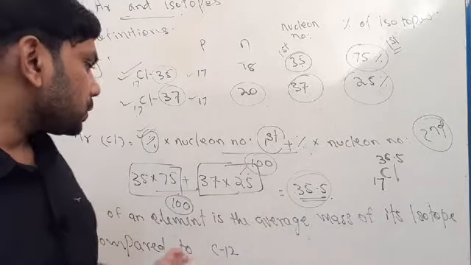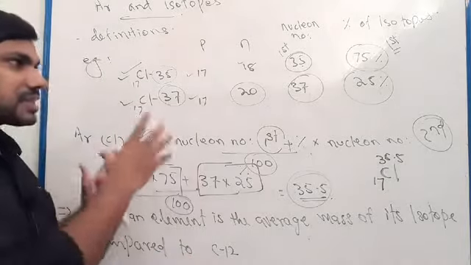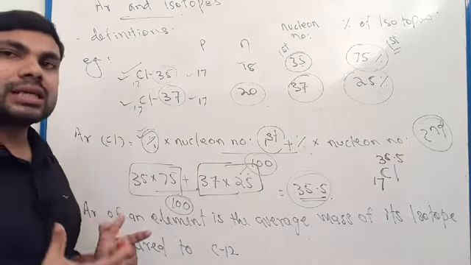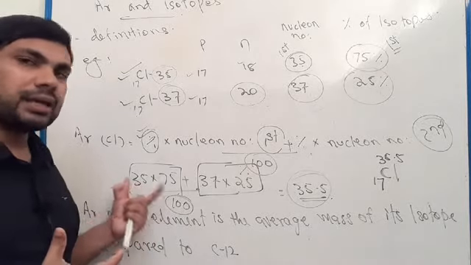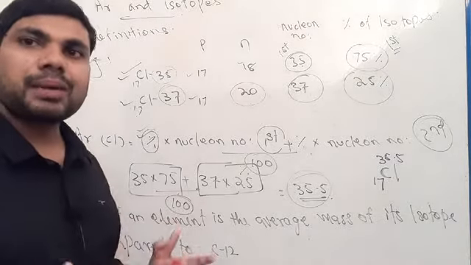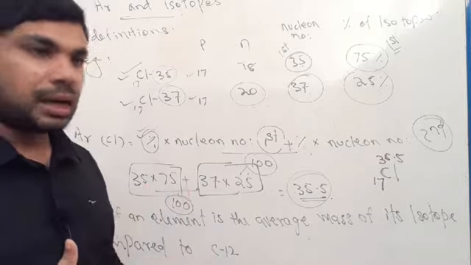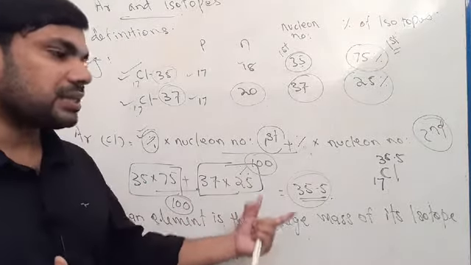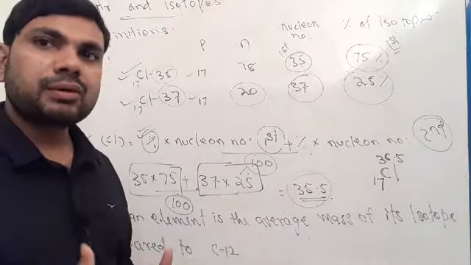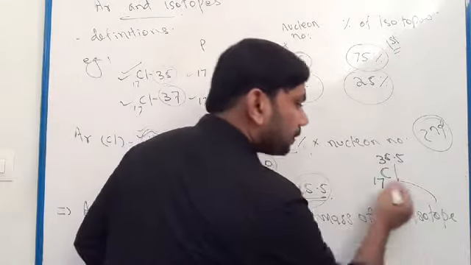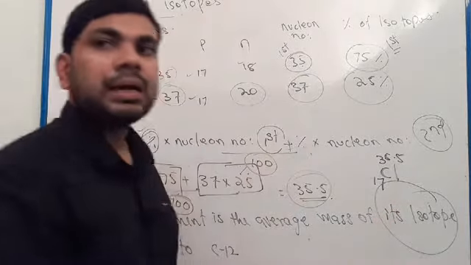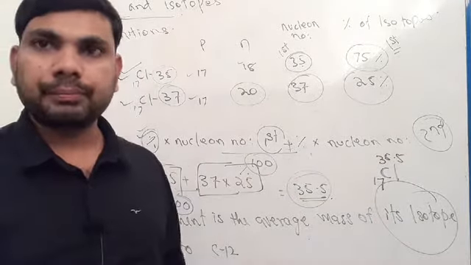So using this calculation, what can you say about relative atomic mass? Relative atomic mass of an element is the average mass of its isotopes compared with carbon 12.